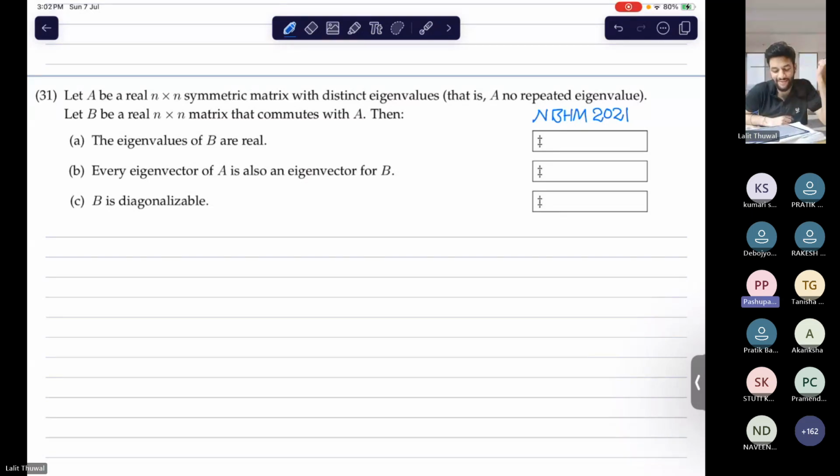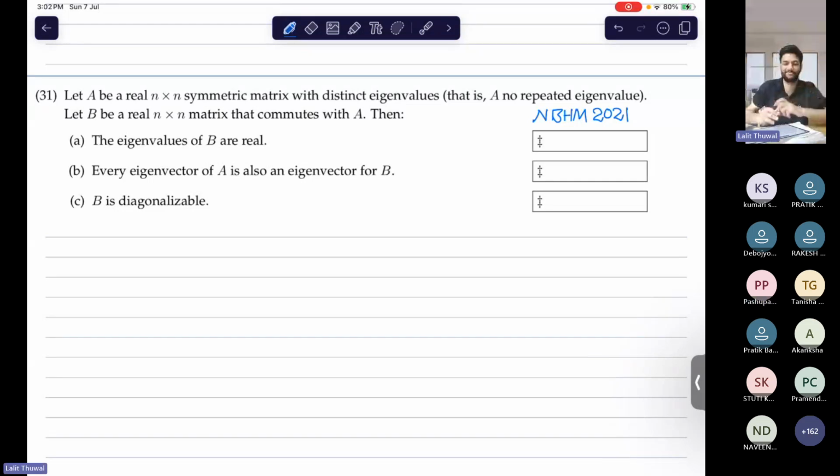And since every eigenvalue is distinct in A, we have diagonalizability of A. So every eigenvector of A must be independent. Right. Very good. B is diagonalizable because A is diagonalizable and B is a polynomial of A. Right.